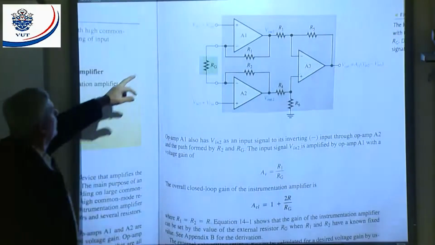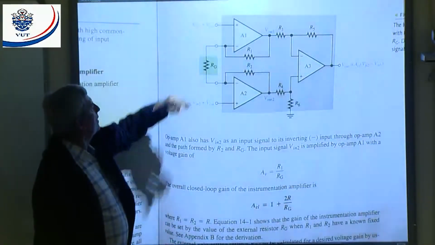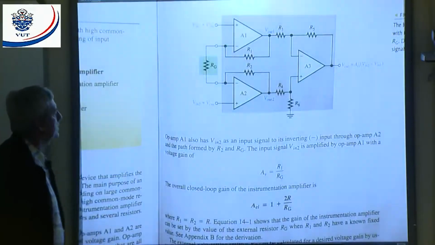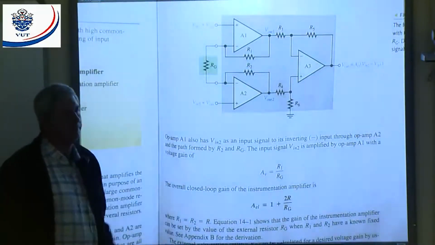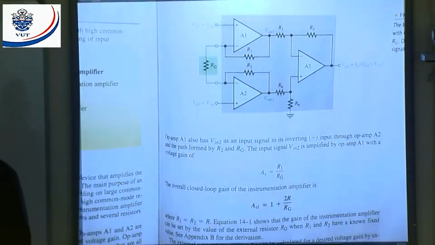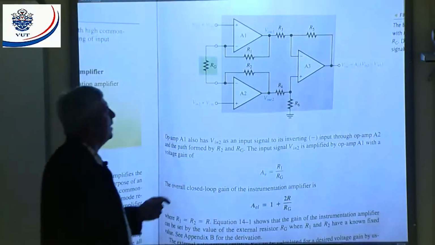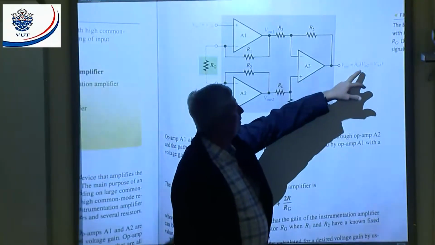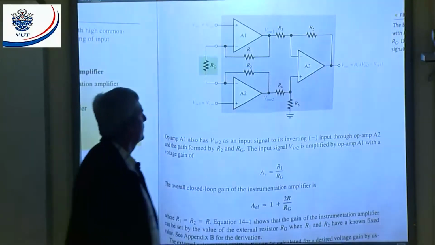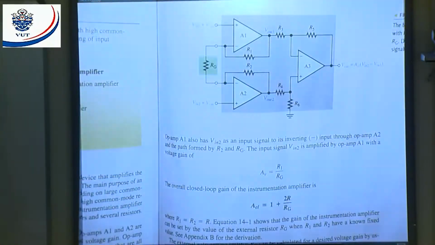If I look at the input, I will have V in 1 plus the common mode signal, and V in 2 plus the common mode signal. The common mode signal will normally be the large signal. The inputs V in 1 and V in 2 will be my small signals. Those are the signals I actually want to amplify, and that's the information I want. That means the output will be the closed loop gain times V in 2 minus V in 1, which means we will get rid of the common mode signal.